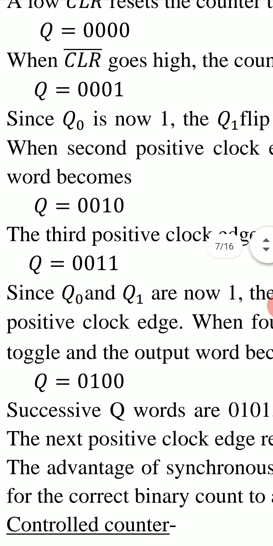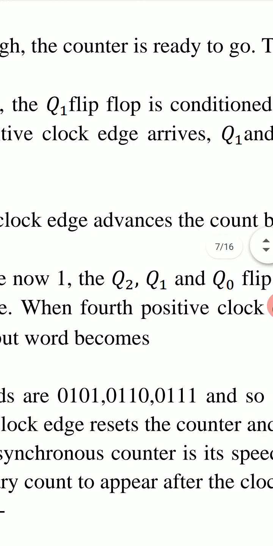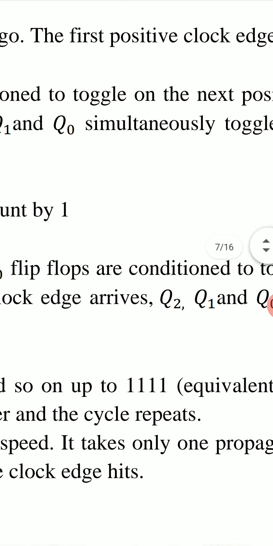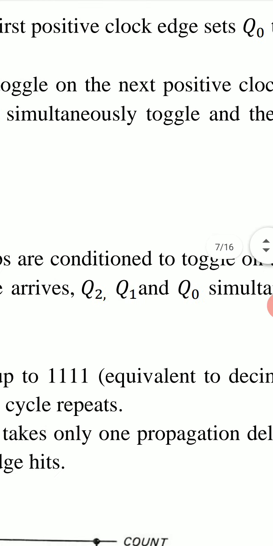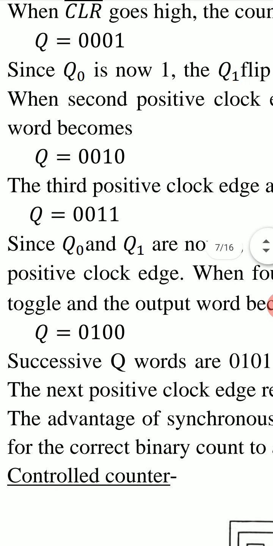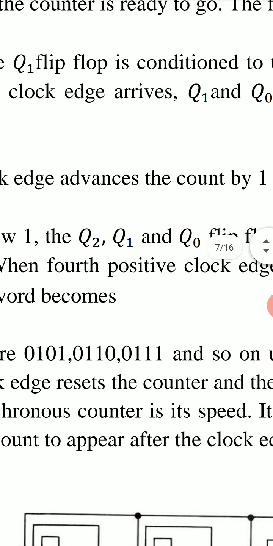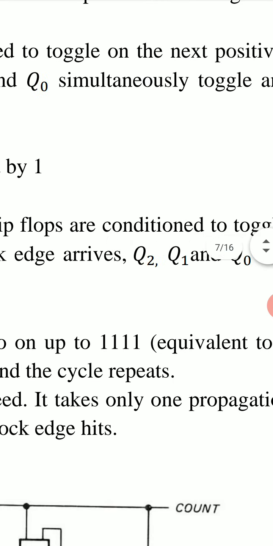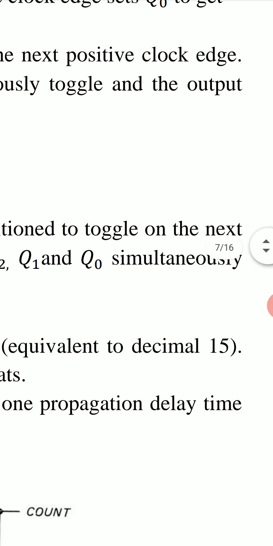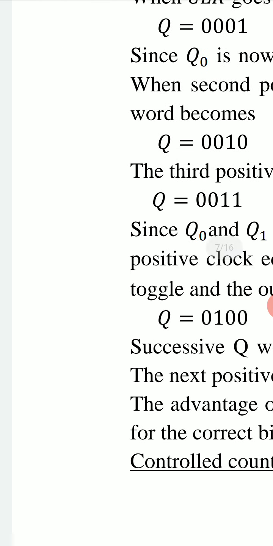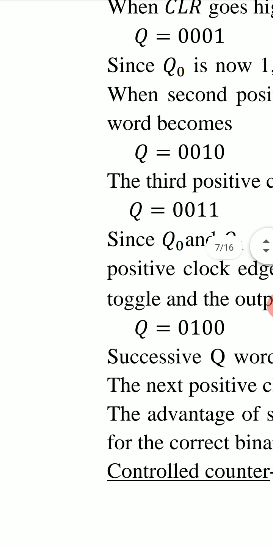Since Q0 is now 1, the Q1 flip-flop is conditioned to toggle on the next positive clock edge. When the second positive clock edge arrives, Q1 and Q0 simultaneously toggle and the output word becomes Q equal to 0, 0, 1, 0.